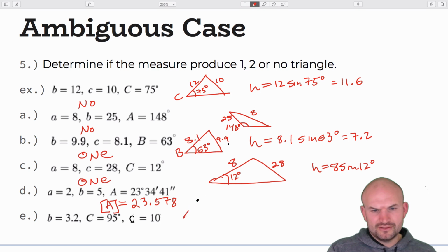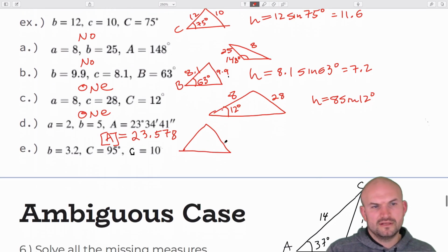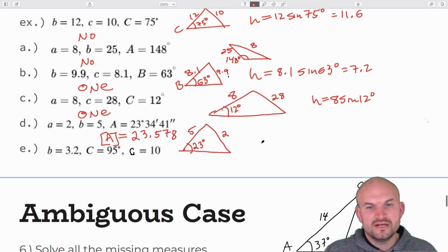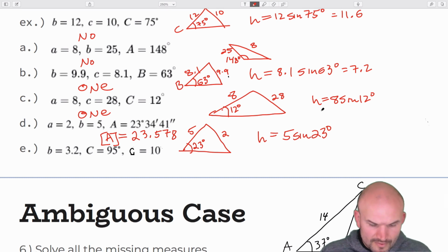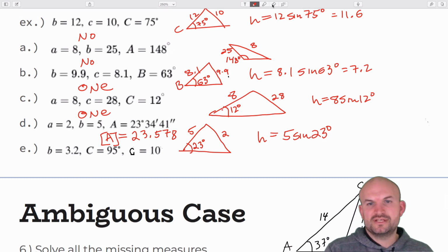And then my triangle is going to look like this, let's say, so that's going to be 2, and that's going to be 5, and this is going to be 23 degrees roughly. So let's go and find our height. So h is equal to 5 times the sine of 23 degrees. So I'll do 5 times the sine of alpha A. Actually, let's use the stored A, so we know that we're using the stored answer.